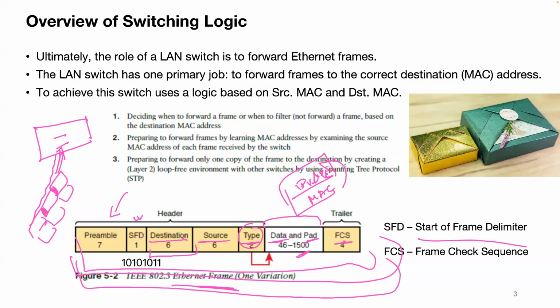Then FCS, frame check sequence. FCS is used to find out whether the data being sent over the network is altered anywhere. How is it checked? PC1 runs an algorithm on top of the header which I am sending and finds a value, maybe 0x81.